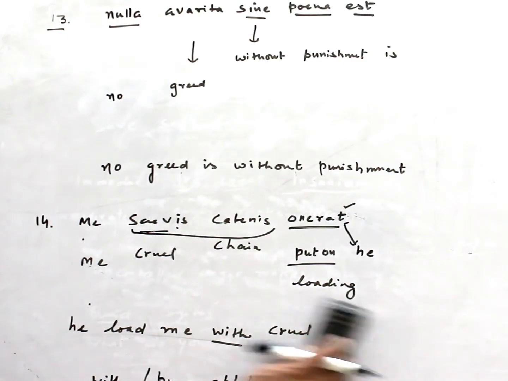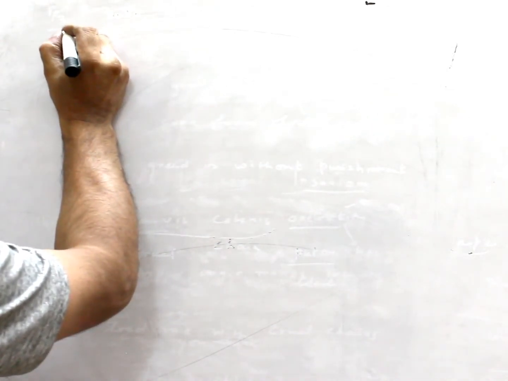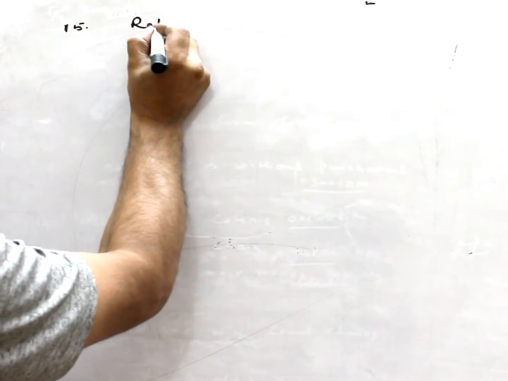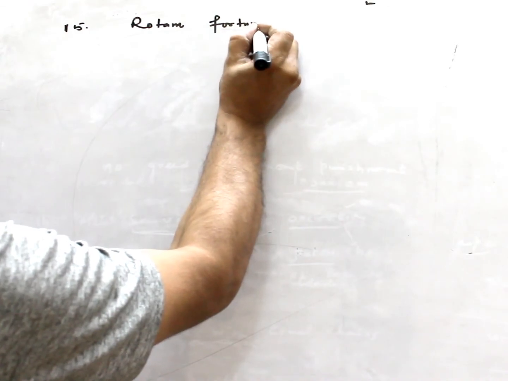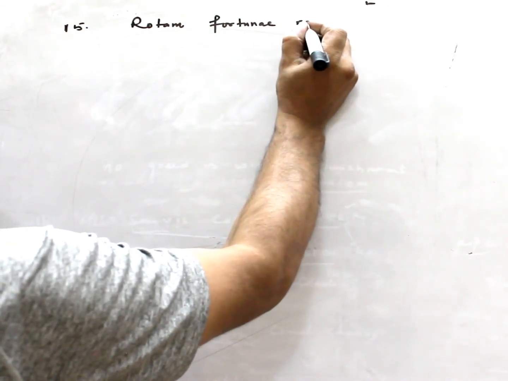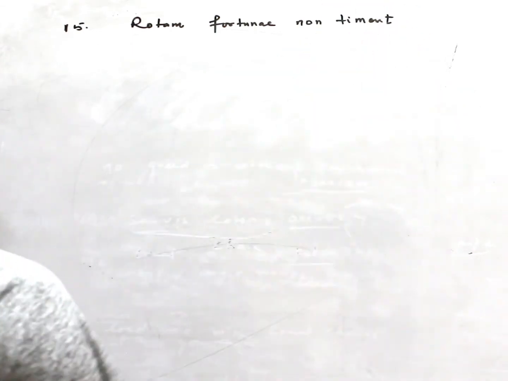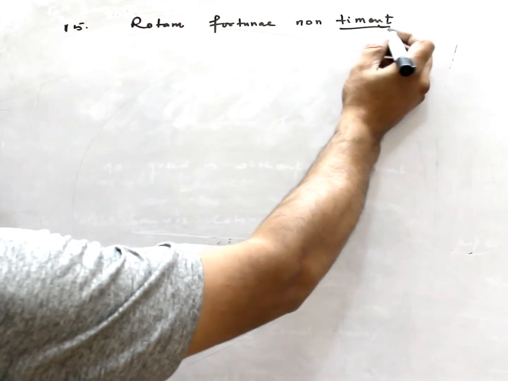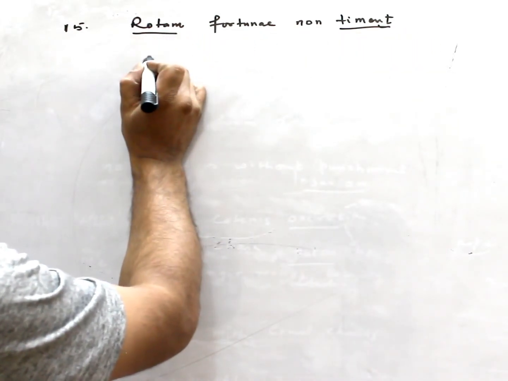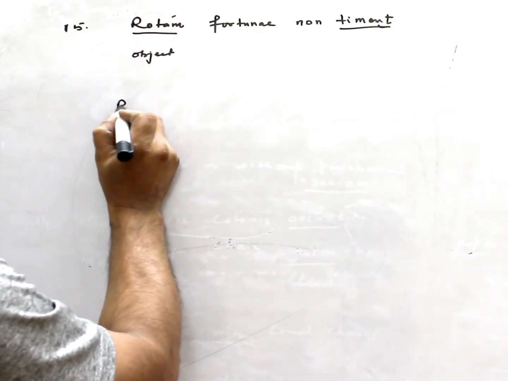So now 15. Rotam fortunae non timent. This is timeo, and ant, that means they, and this is objective of rota.